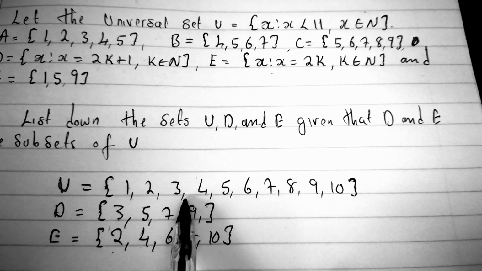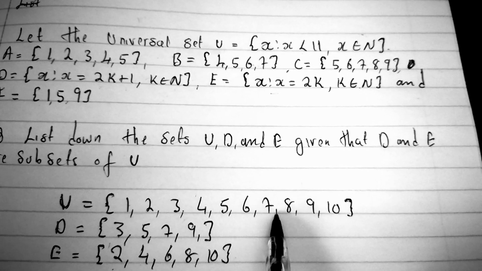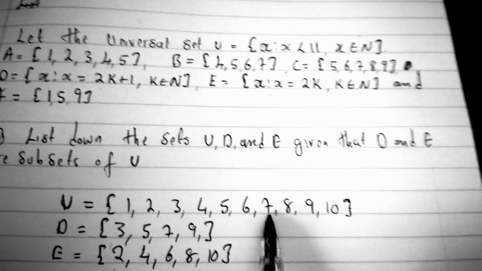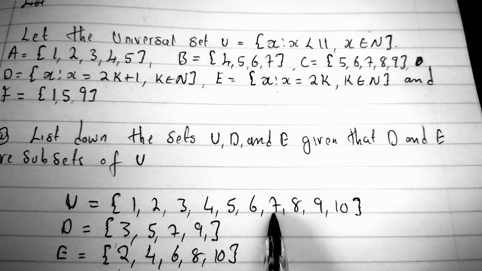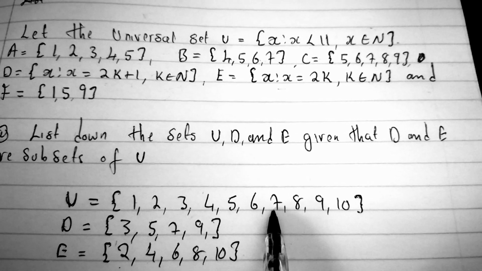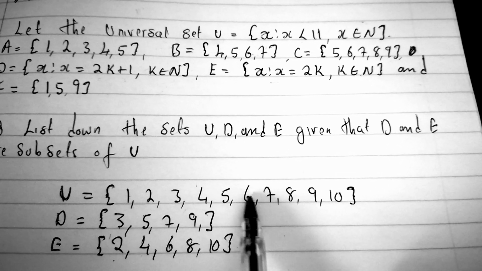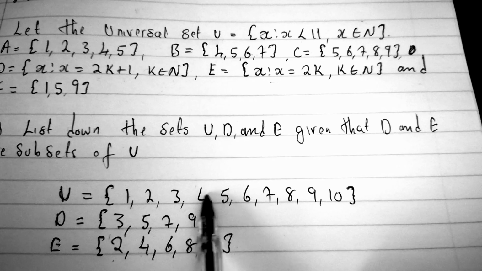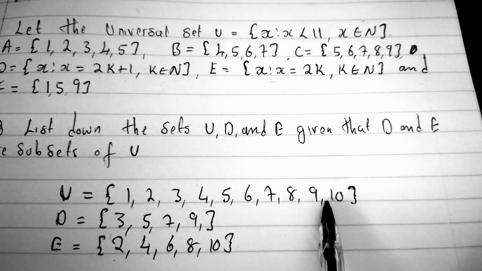Starting from here, 4, 5, 6, and 7, they are in set B, but also part of the universal set. So since they are in our set B, they won't be part of the complement set of B. 8, 9, and 10 are not there in B, so they will be part of the complement set.